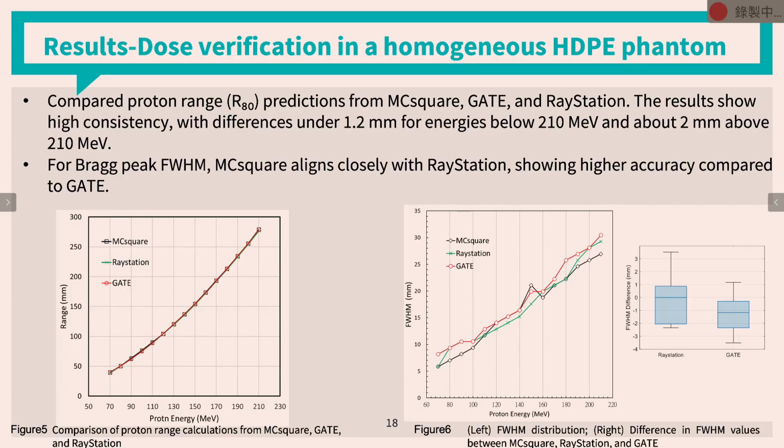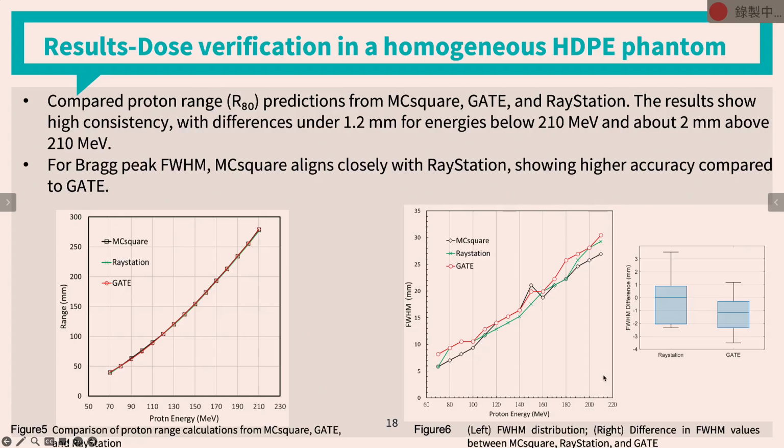In comparison, MC² and GATE show a median difference of minus 1.2 millimeter, with an IQR of minus 0.2 to minus 2.2 millimeter. Since RayStation is optimized based on clinical data, it serves as the reference, and MC² predictions are more accurate in the FWHM.